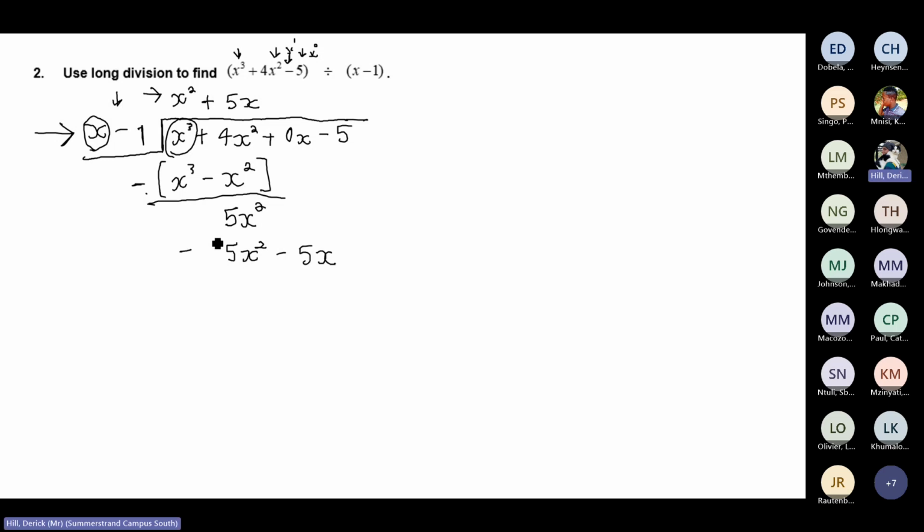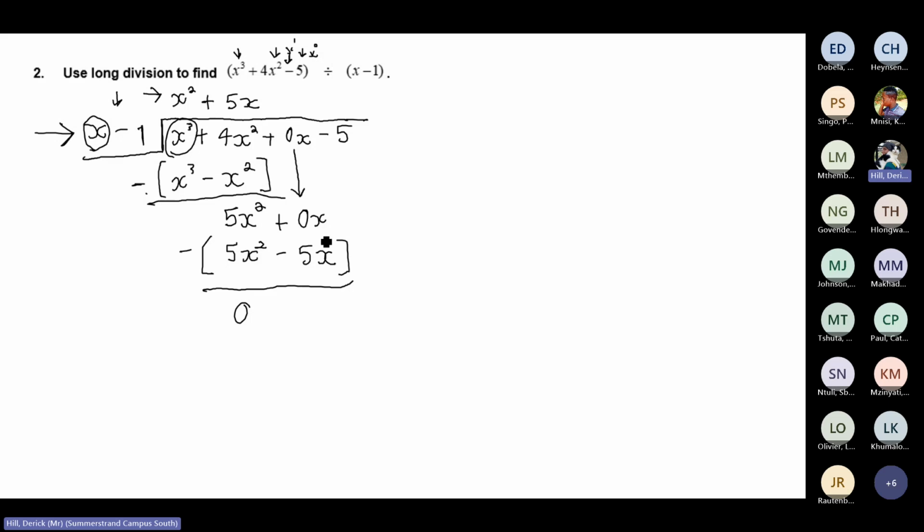And I'm going to subtract that, but I want to bring down this 0x. So over here, I've got a plus 0x, which is just 0, as I'm sure we all know. So 5x squared minus 5x squared gives me a 0 once again.